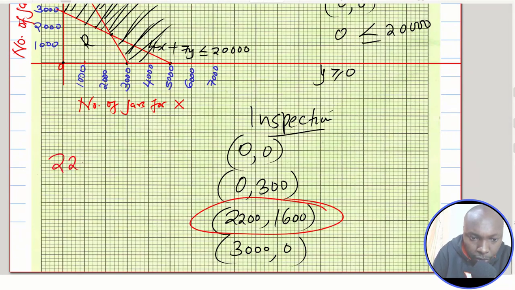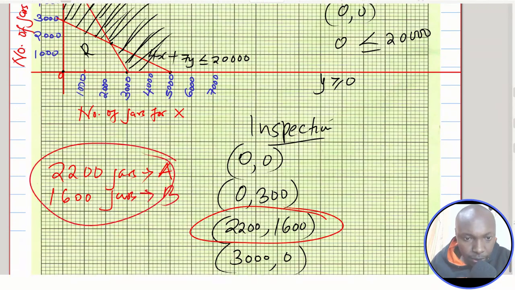And then we have 1,600, not 16,000, 1,600 jars for grade B.